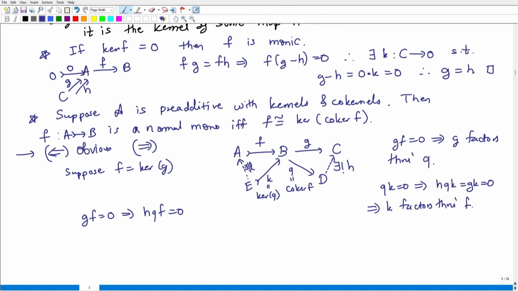Very good. You don't need this. QF is equal to 0 since Q is the co-kernel of F, and therefore F must factor through the kernel of Q, which is equal to K. So there exists a map here, let's call it M. L and M are two morphisms, you can take their compositions, but F and K are both monos.